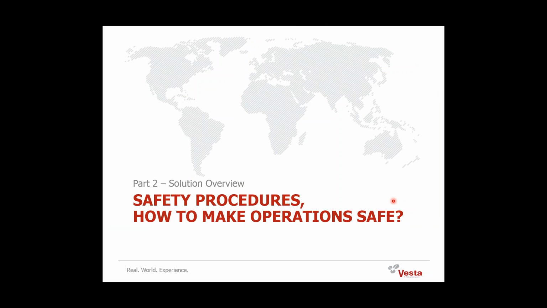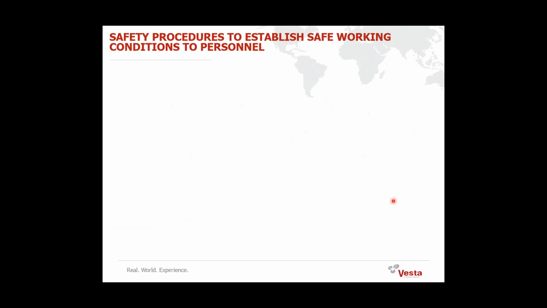Now let's have a look at the safety procedures and see the solution overview in the area of SAP. Whenever we talk about occupational health and safety in the industry, the first upcoming question is how to bring safety to the life of people at work.